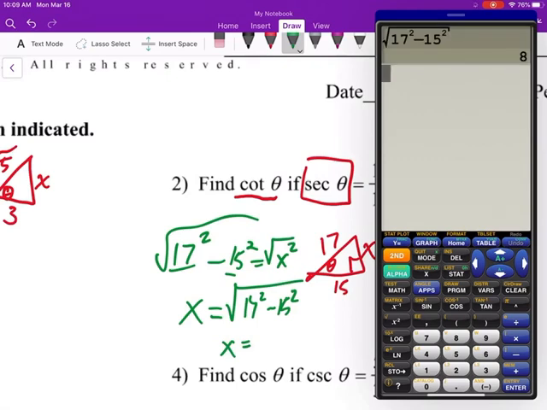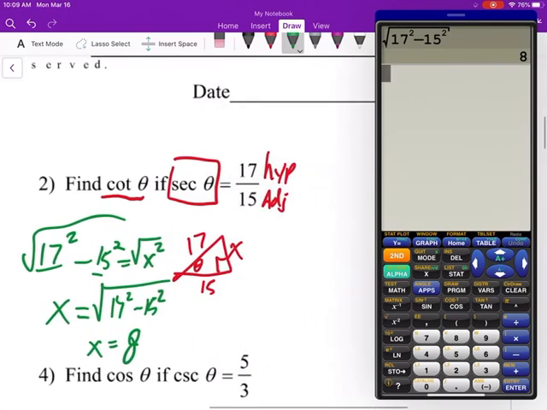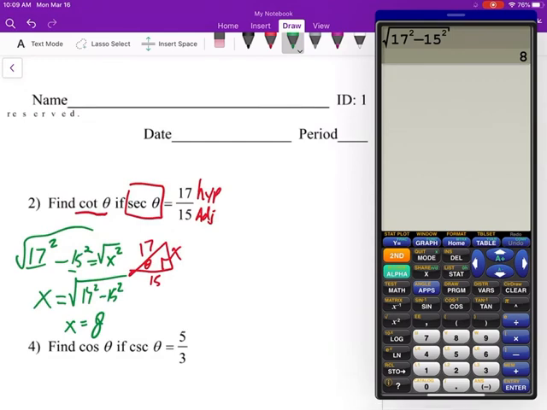Hit enter. So x is equal to 8. Now, as we go back here, our cotangent of theta is equal to adjacent over opposite. So that's going to be 15 over 8.